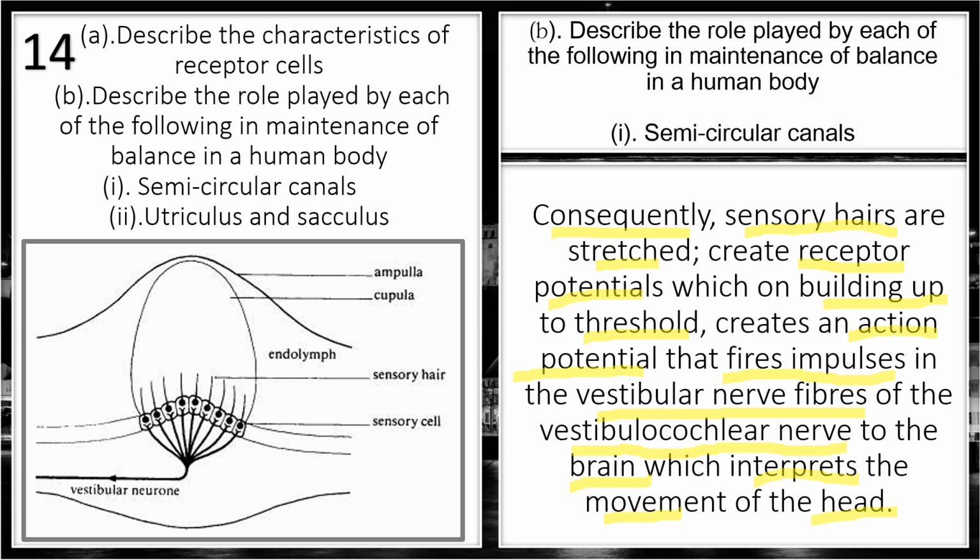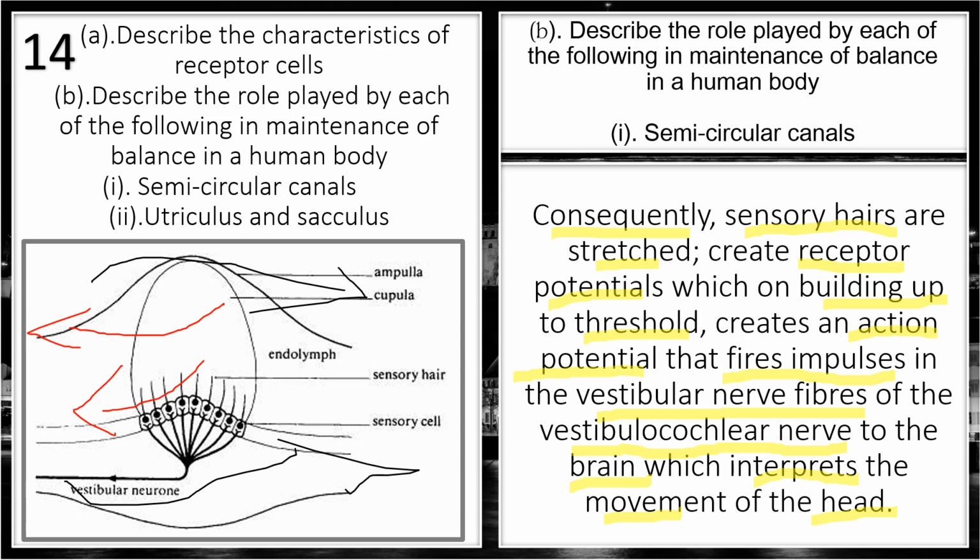So we'll say that our head is moving in that direction. When it moves in that direction, the cupula is going to move in this direction because of the endolymph. And our sensory hairs are going to be stretched. When they become stretched, they are going to create a receptor potential.